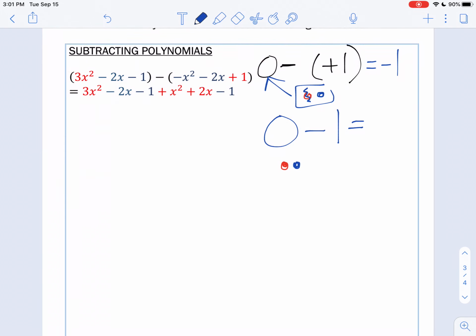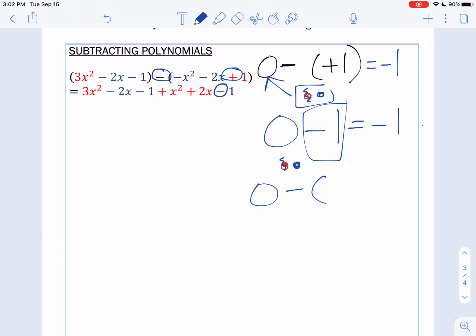And if I take away 1 from 0, I'm left again with negative 1. So when I go through and I see subtracting a positive, hopefully it makes sense why that becomes just a subtraction sign.